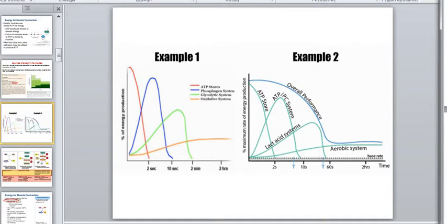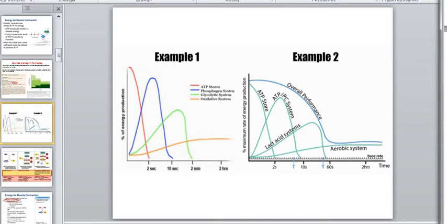All of these activities require energy. Many interesting facts about energy. About 40% of ATP is used for contraction, the rest for just production of heat.